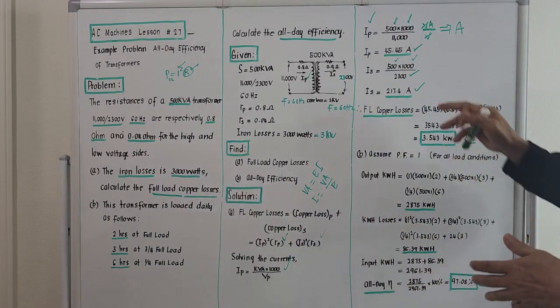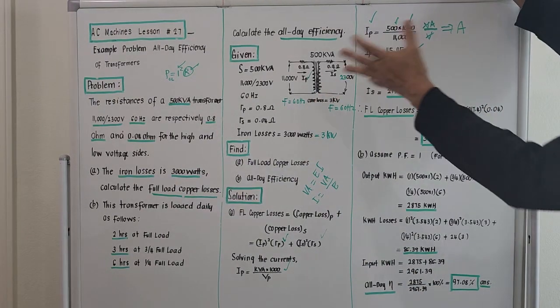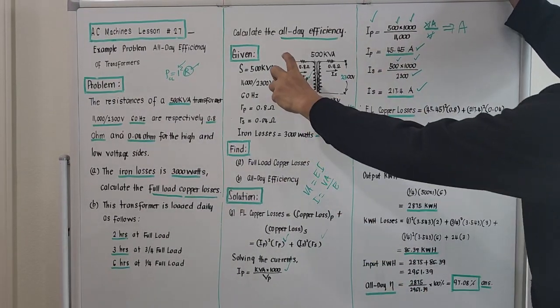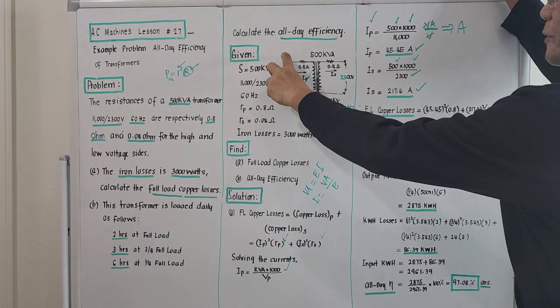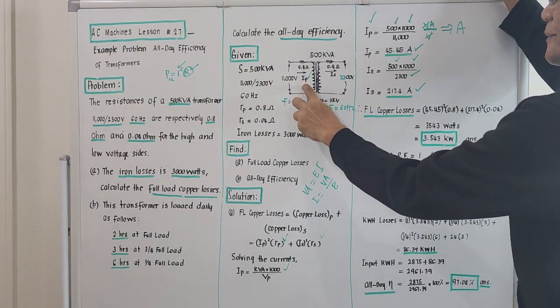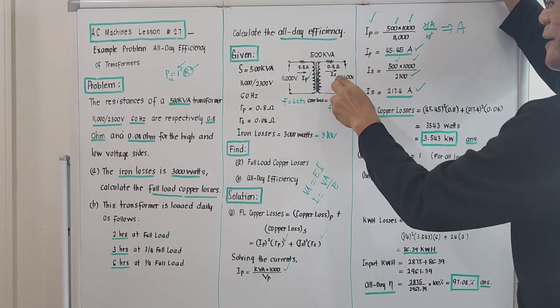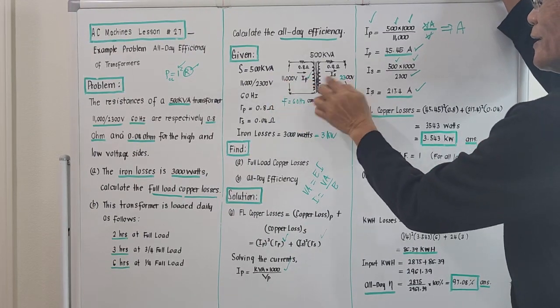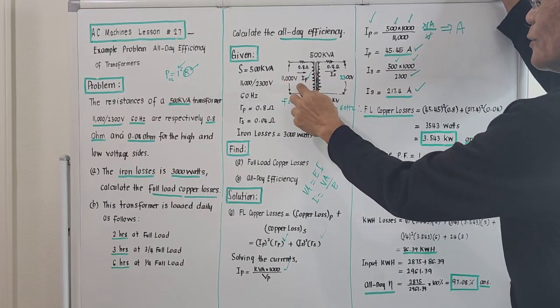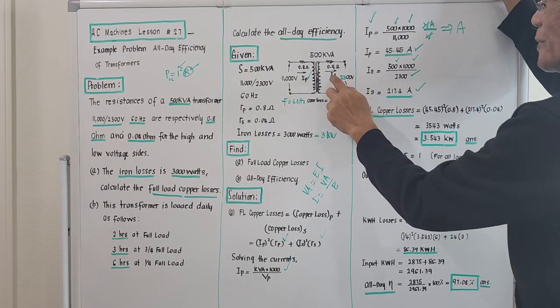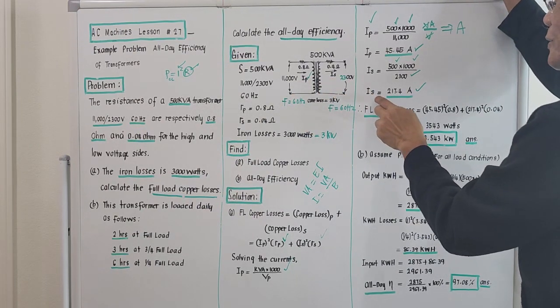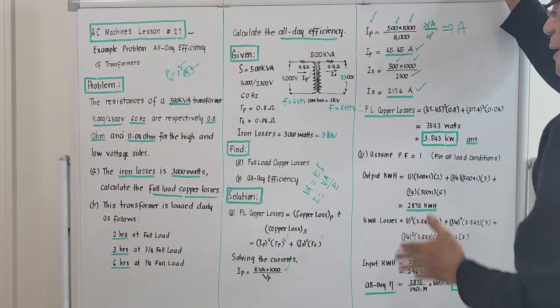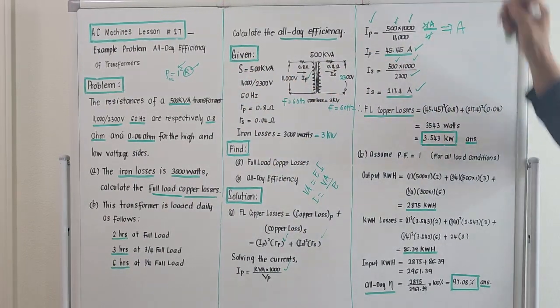It is bigger because the transformer is stepped down. It will be something like this: high voltage, low current, low voltage, high current. So for these two to be equal, if this is high, this should be low, and if this is low, this should be high. That's why the secondary current is bigger than the primary current. It is a step down current.